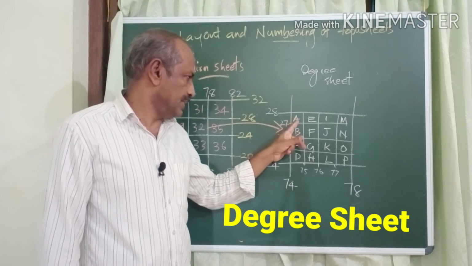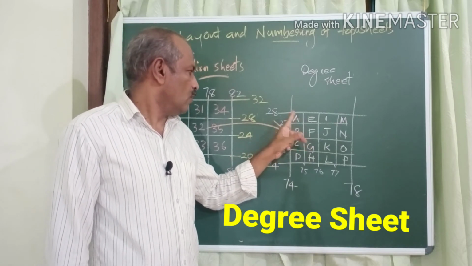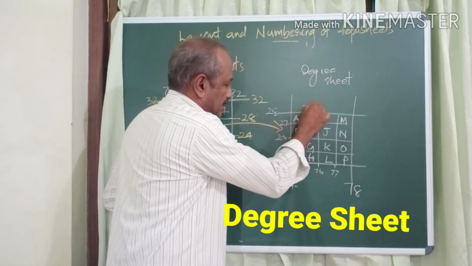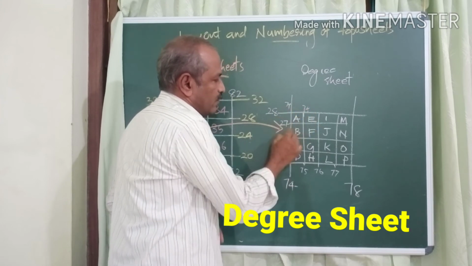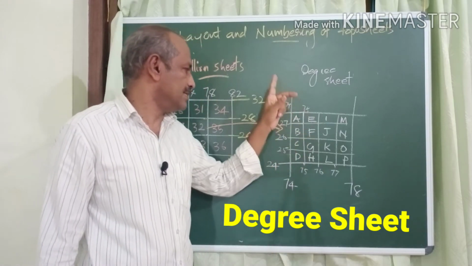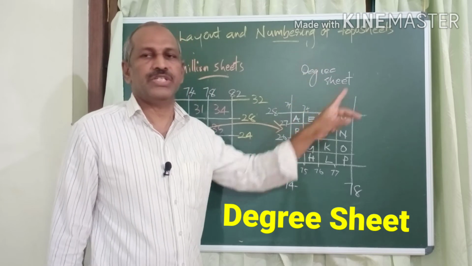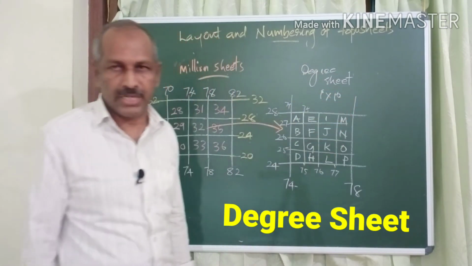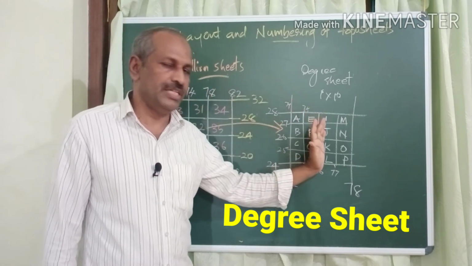For example, sheet A has 1 degree: 74 to 75, 1 degree, and 27 to 28, 1 degree. So this alphabetic code A area is a degree sheet, with 1 degree latitudinal and longitudinal extension. So from the million sheet, the degree sheet is prepared.